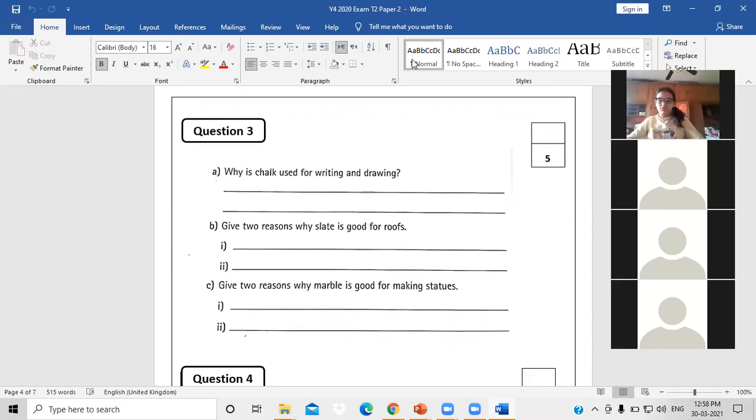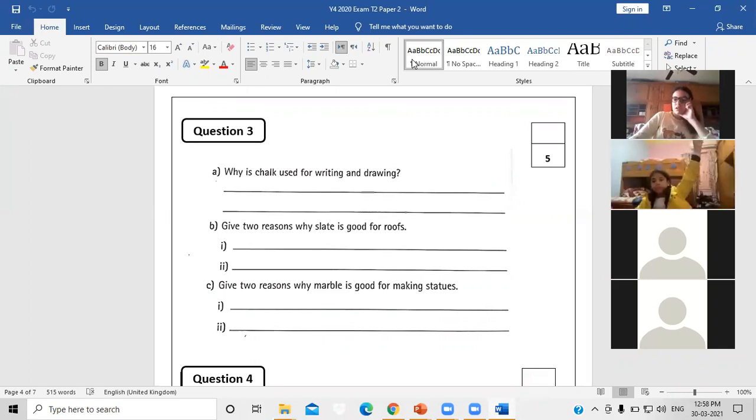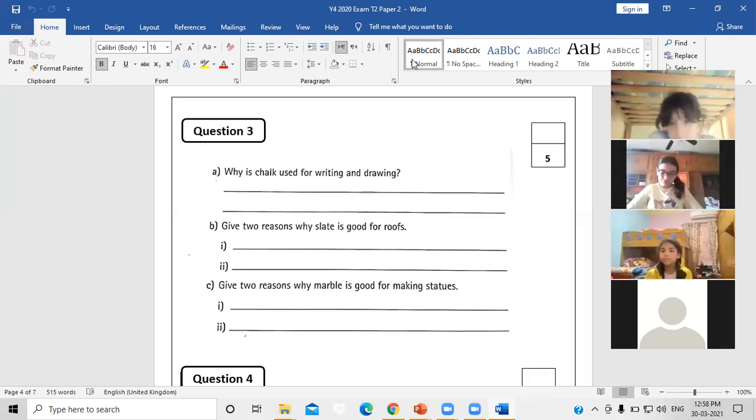So it's hard. What's the second reason? Yes, Mira. It's impermeable, and it can be cut into thin sheets. So it's hard, it's impermeable, and it can be cut into thin sheets. If you wrote any of those 2, it's correct.